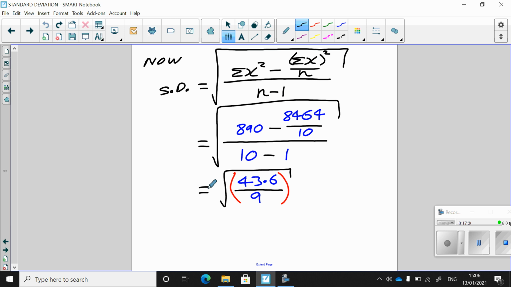You really need a scientific calculator, because when you're putting this into your calculator, you would hit the square root, it would open up a bracket, you would then type in 43.6, the fraction means divide, because that looks like a fraction, doesn't it? And once you put divide by 9, close the bracket, then hit equals on your calculator. Do it in that order there, folks.